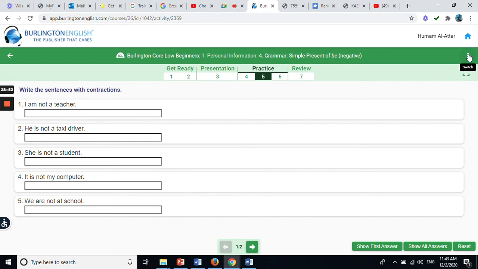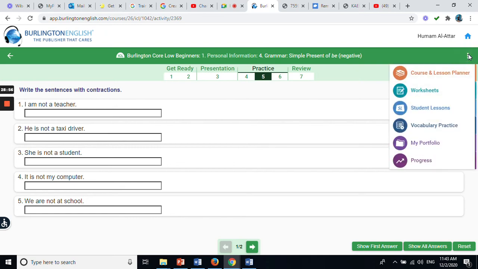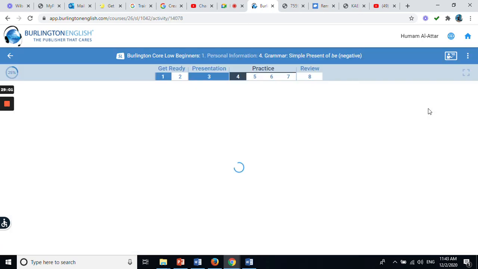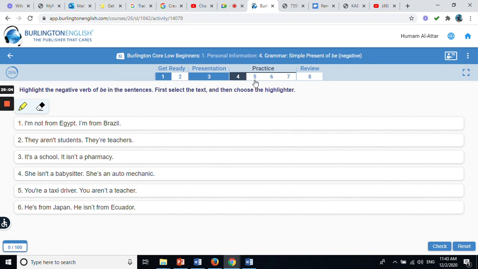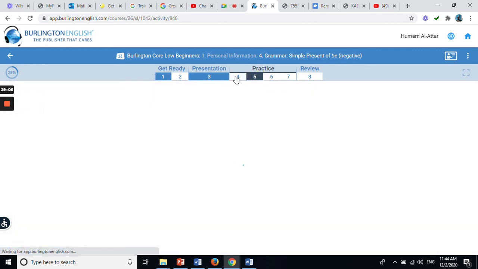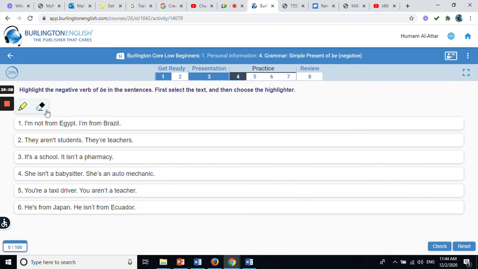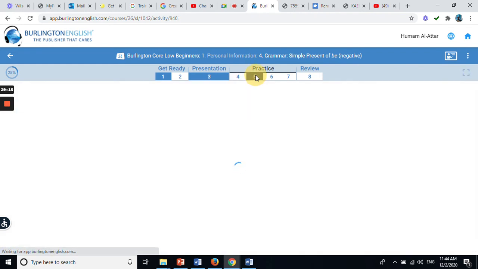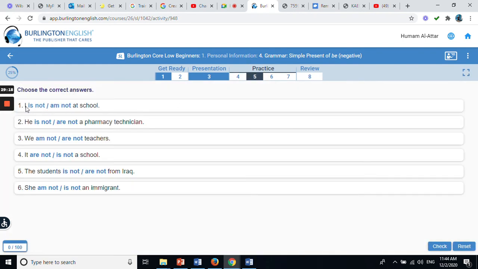Please mute your microphones. So if you go to your student lessons, you see here in the practice on the first one, you have different sentences. You will have to do this on your own. And for this one, the practice, you have to choose which one is the correct answer.